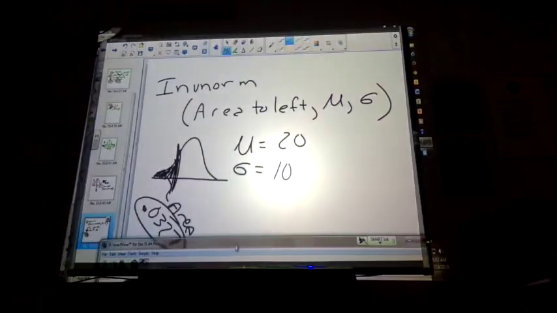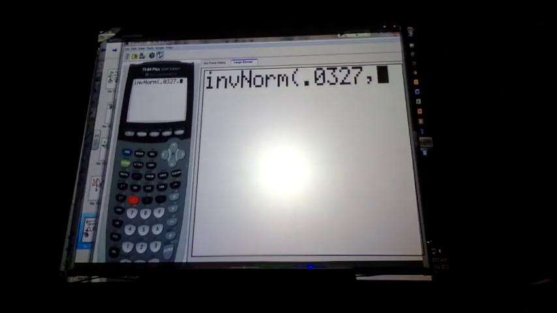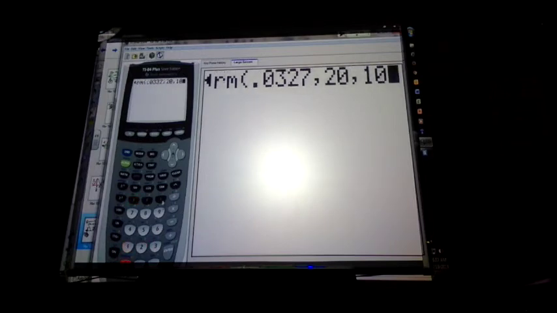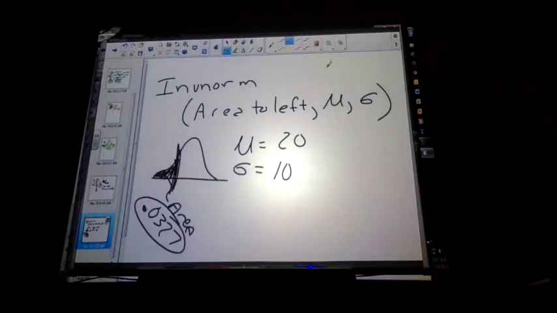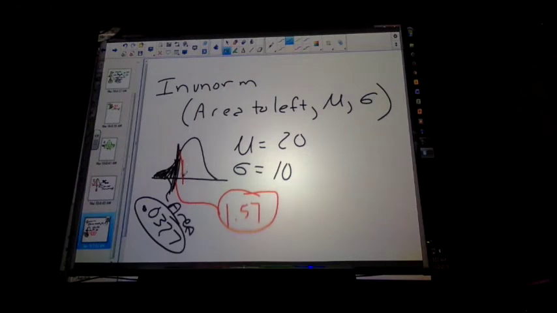I'm going to plug 20 and 10 in. This gives me 1.57. 1.57 is this right here. That's the score you need to get. That would include the area underneath the curve to give me that area right there. Okay?